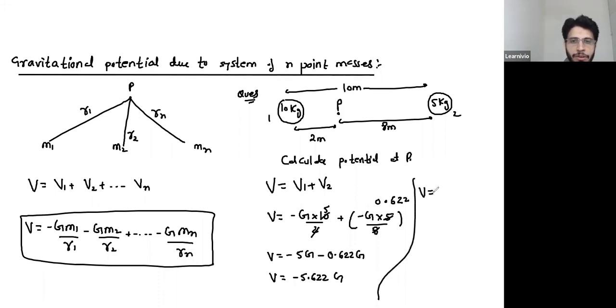You can even substitute the value of G, 5.622 into 6.67 into 10 raised to the power minus 11. I'm using a calculator.